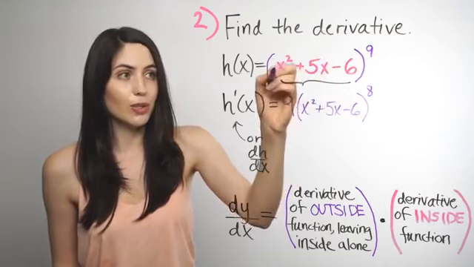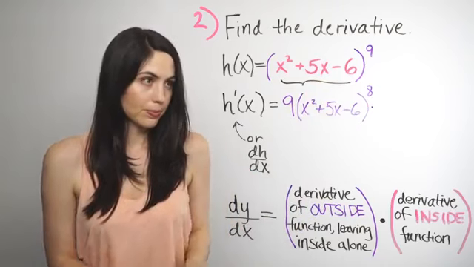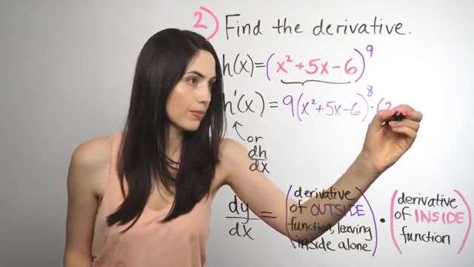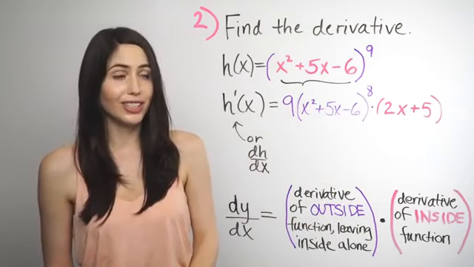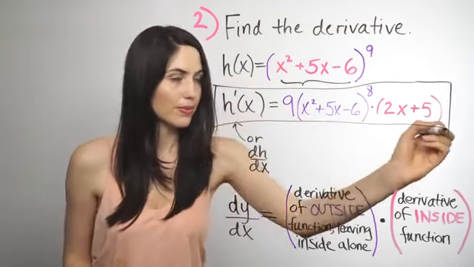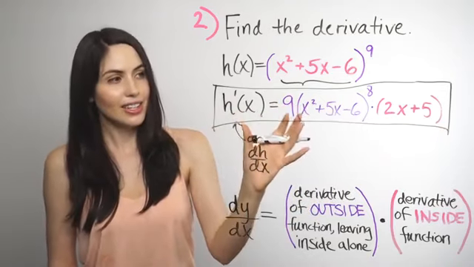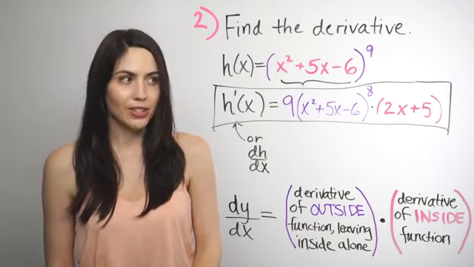So the derivative of this will be 2x plus 5. You are actually done. You don't really need to expand that or anything. That is the answer for h prime of x, the derivative.